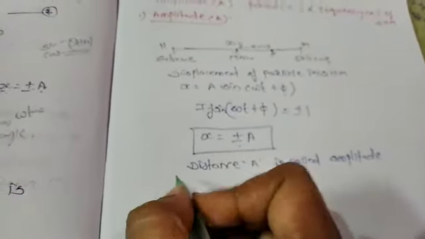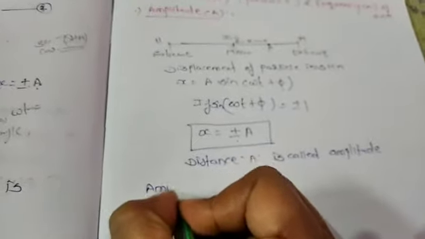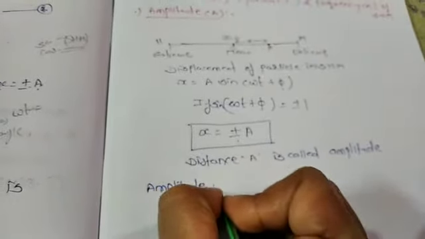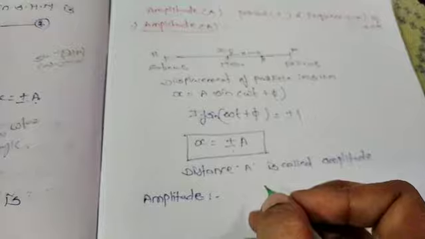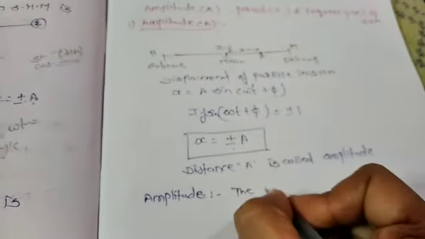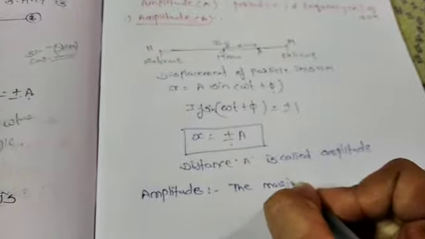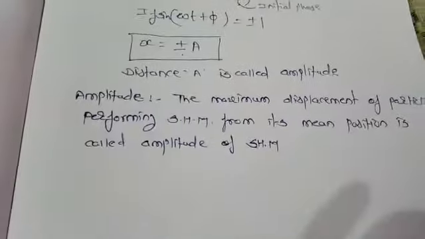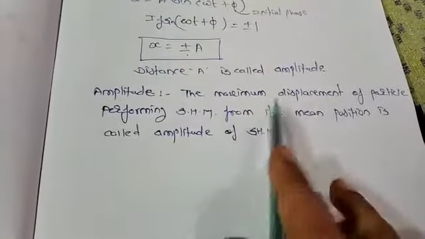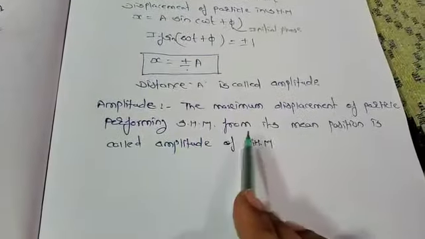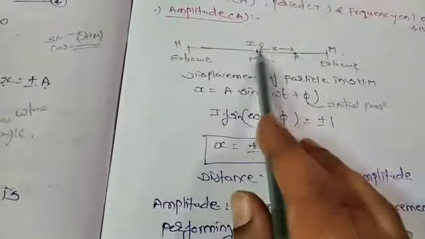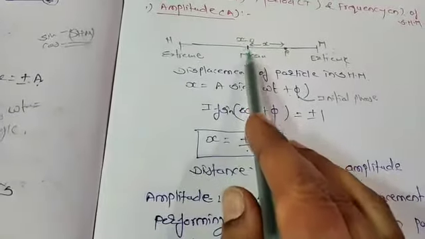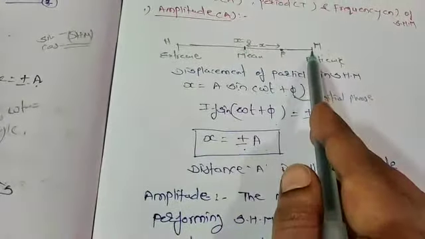And we'll write the definition for amplitude as: the maximum displacement of a particle performing SHM from its mean position is called the amplitude of SHM, that is this capital A. In this figure we can see this extreme position: the total displacement from the mean to point M is the maximum displacement.